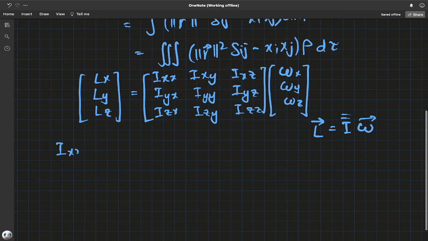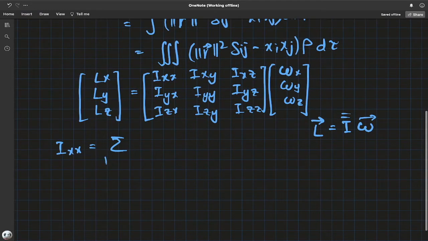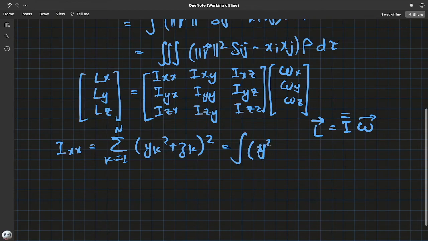And now each of these, Ixx, can be calculated from the formula above. So it's going to be the sum k equals 1 to n of y sub k squared plus z sub k squared, which can be written as this integral for a continuous distribution, dm.